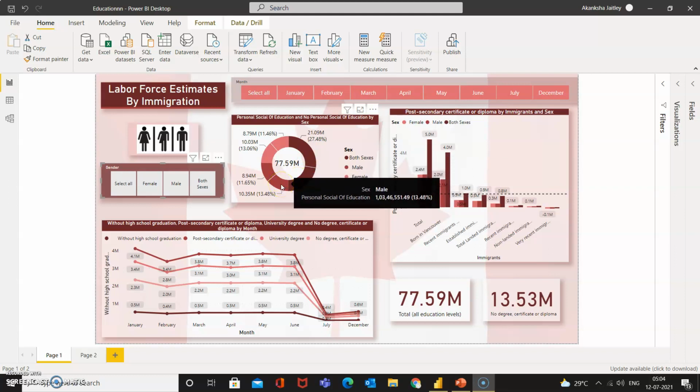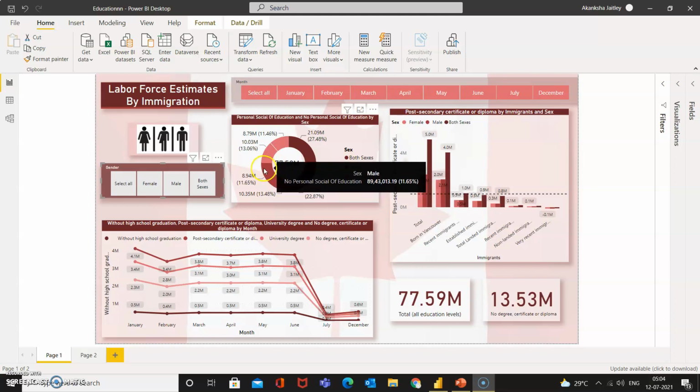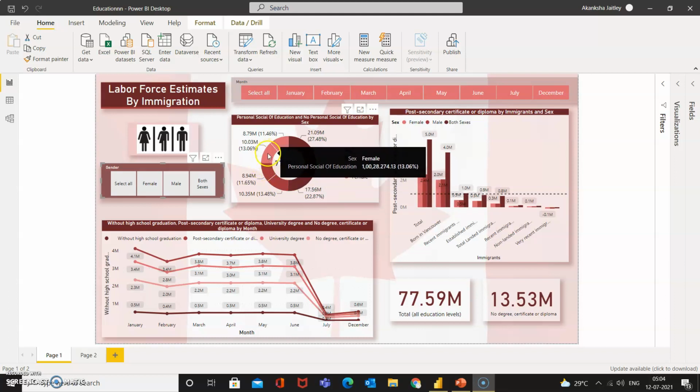For male, we can see that 13.48% had PSC knowledge and 11.65% had no PSC knowledge. For female also, we can infer that 13.06% had knowledge about PSC and 11.46% had no knowledge about PSC.